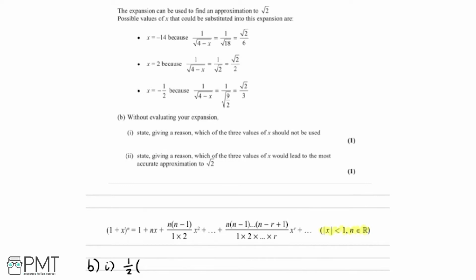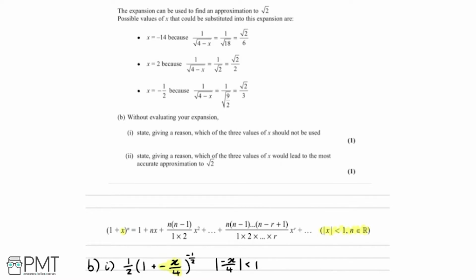Now from part A, using this formula, we expanded this. Now we see here matching up the parts. The x here is equivalent to the minus x over 4 here. So essentially what we're saying is for this expansion, the conditions are the modulus of minus x over 4 has to be less than 1. Just making it clear, that's because here we've got the x here and the modulus of x has to be less than 1.